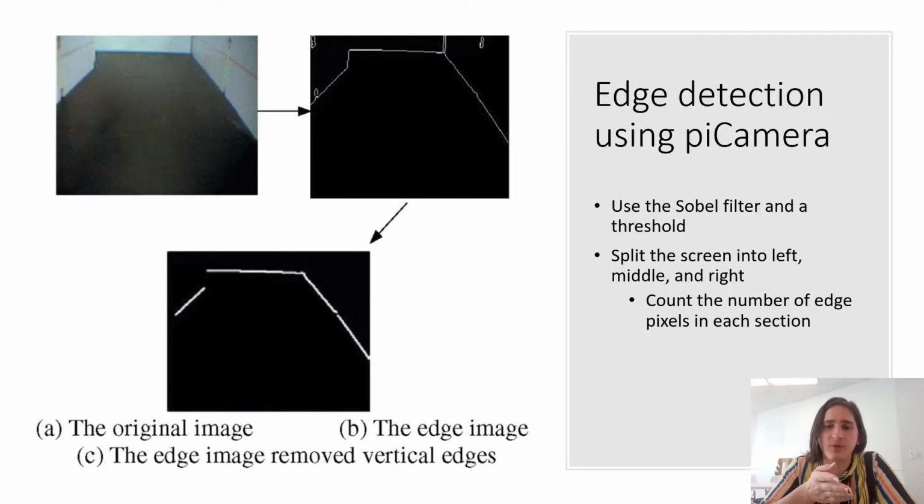So this picture showed here is what my goal was in edge detection. It's from a paper that did a similar project of navigating a maze, also using a Pi camera.